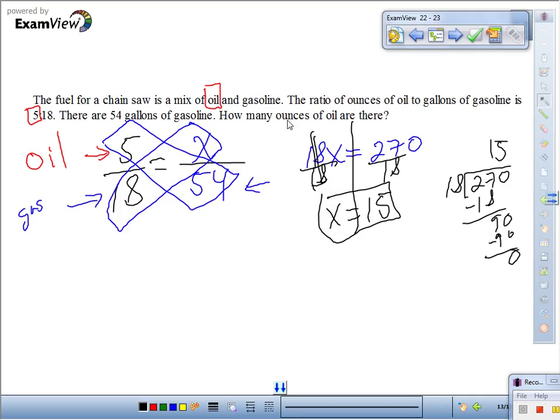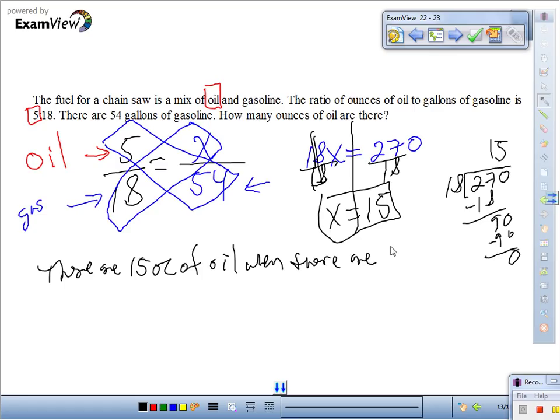Let's answer the question. How many ounces of oil are there? You're going to write, there are 15 ounces of oil when there are 54 gallons of gasoline.